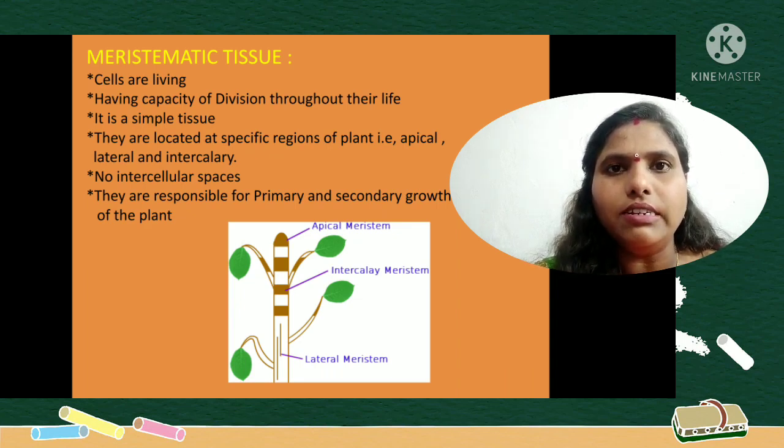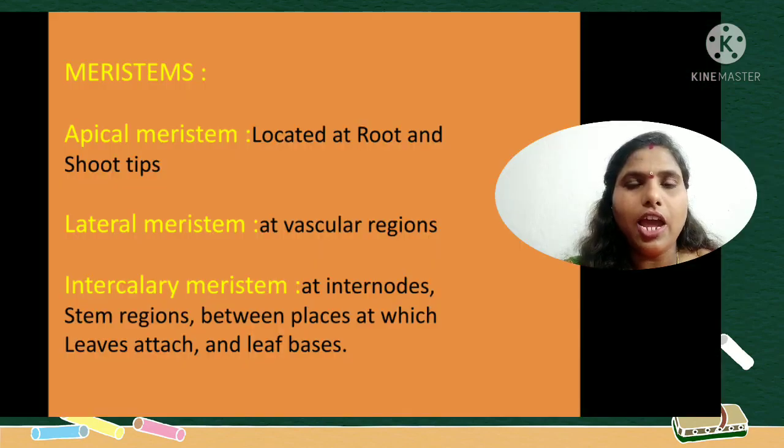On the basis of their position in the plant, we name 3 types of meristematic tissues. One is apical meristematic tissue, the next one is lateral meristematic tissue, and the third one is intercalary meristematic tissue. Meristematic tissue helps in the primary and secondary growth of a plant.